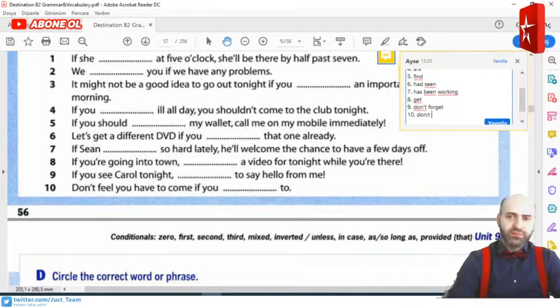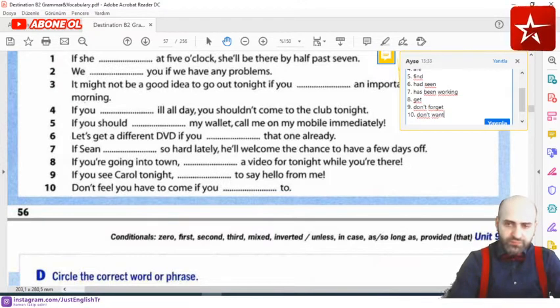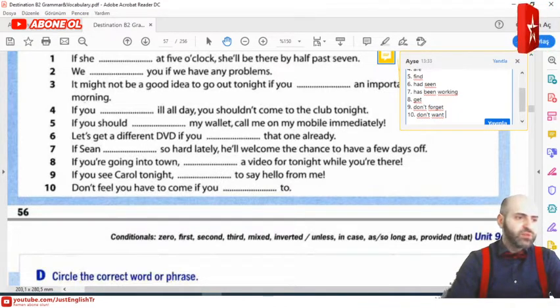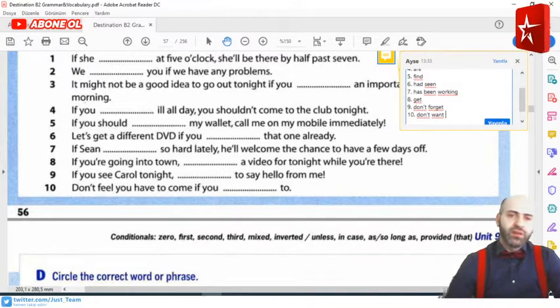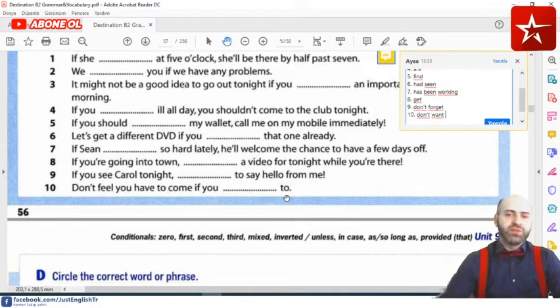Don't want to. Good. Serdar and Mustafa also have right answers. Good, good, good. Don't feel you have to come if you don't want to. Good.